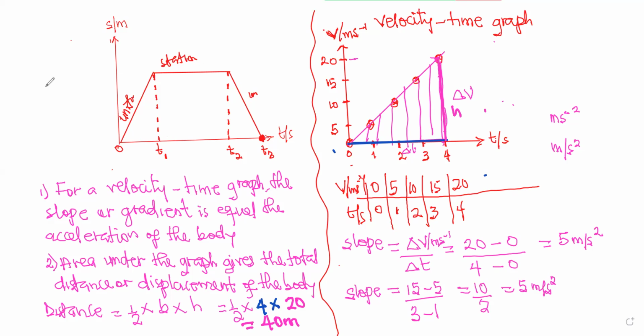Now, when we calculated, we had equal values of slope throughout, 5 meters per second squared. So on the straight line, you have the same value of slope or acceleration. And because of that, this kind of motion is termed uniform accelerated motion.